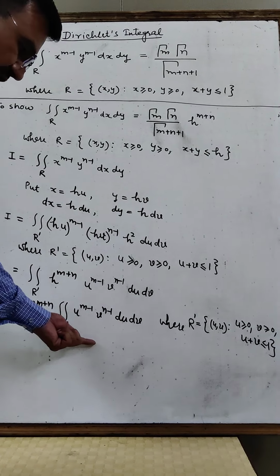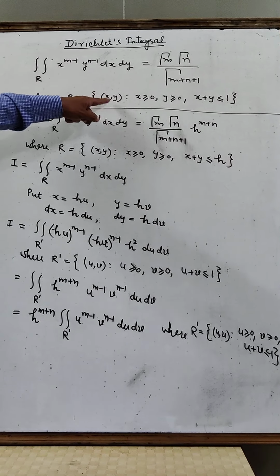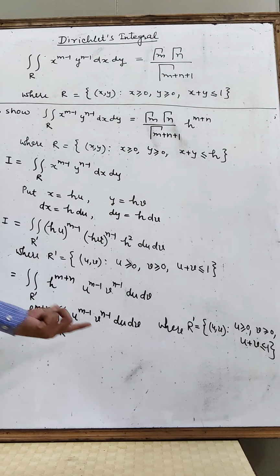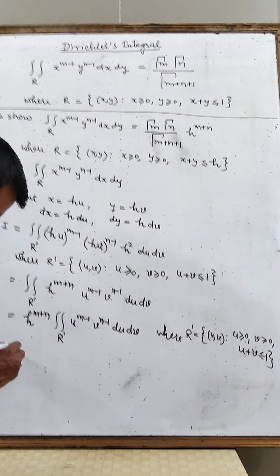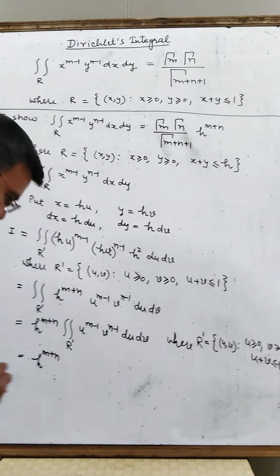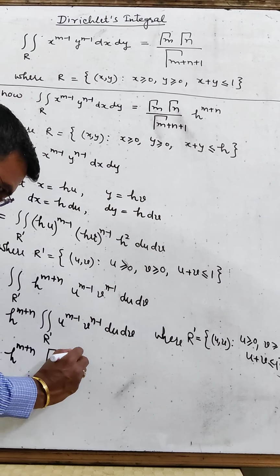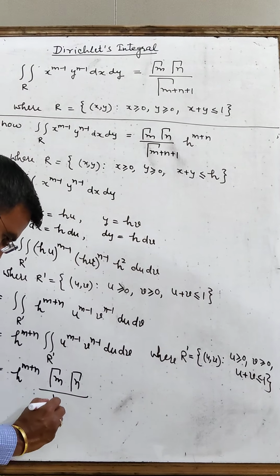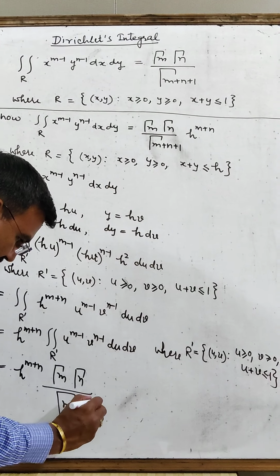Now over this integral, where the region is in the standard form of the Dirichlet integral, its value can be found using this result, and it would be equal to h raised to the power m plus n, gamma of m gamma of n over gamma of m plus n plus 1.